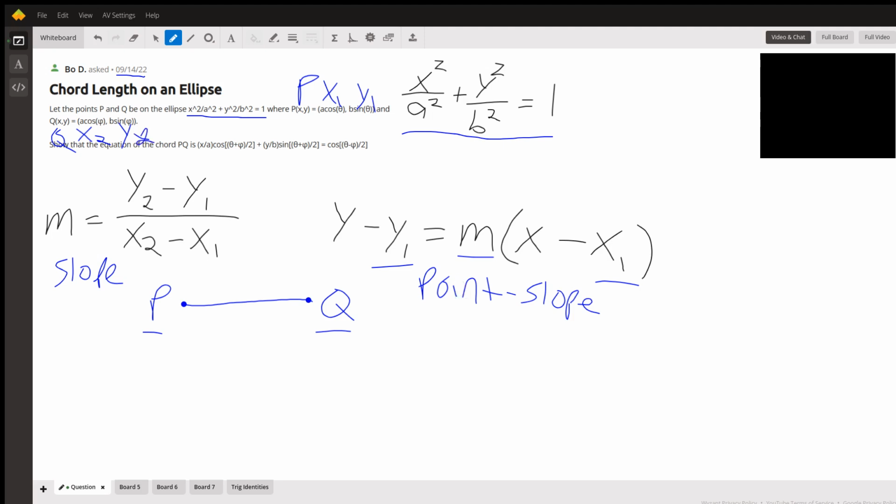Okay, but what makes this problem harder is that we're not asked to find any equation of the line. We're asked to find a very specific form of that equation. And it seems like, okay, if we just find the slope by plugging in the x2, y2, x1, y1 of these points into the slope formula, and then plugging that slope into the point slope formula, then we have the equation of a line.